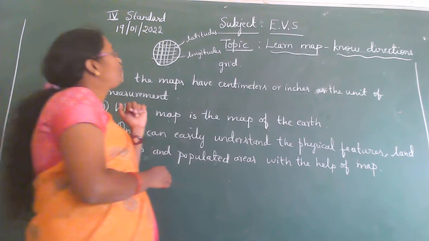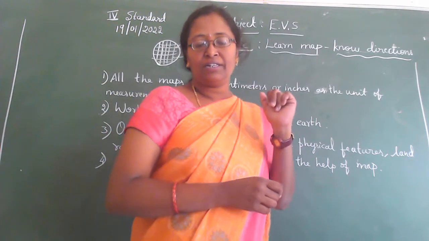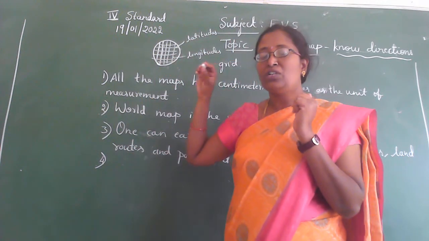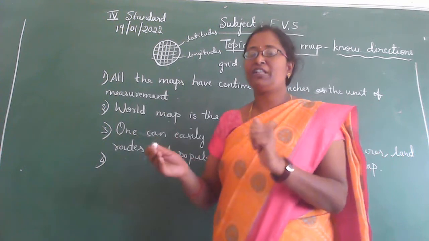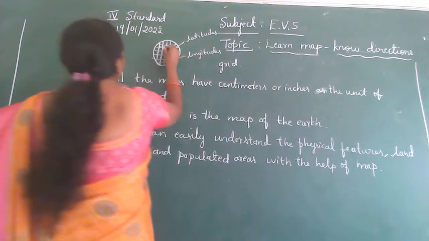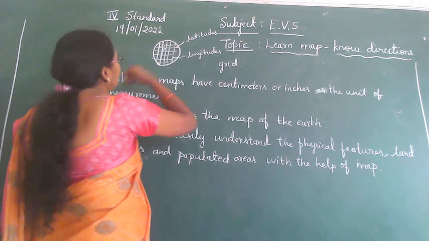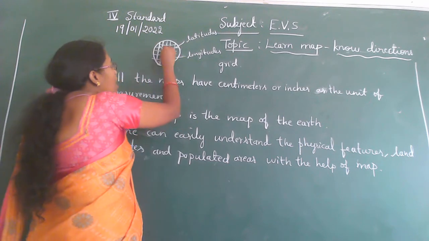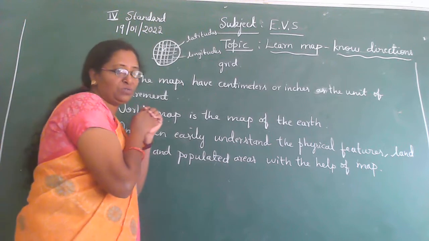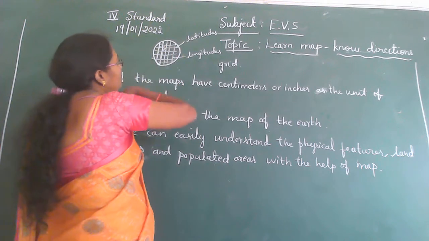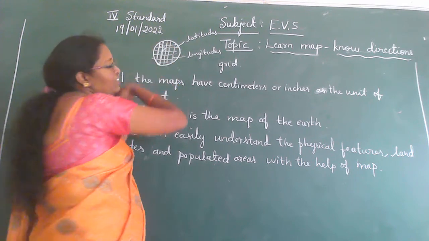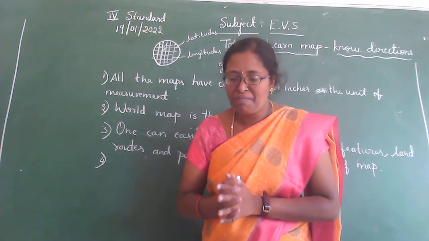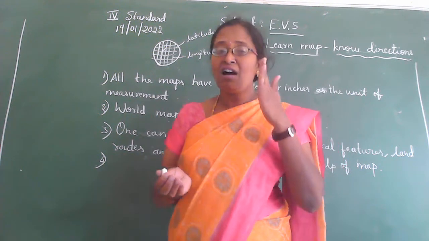What is the use of this grid or these lines? These lines are drawn, they are imaginary lines, to identify the locations on the map. So for example, if a river flows here, we can easily locate this river: at which longitude, at which latitude, whether it is near latitudes or near longitudes. So we can easily identify the location on the map.